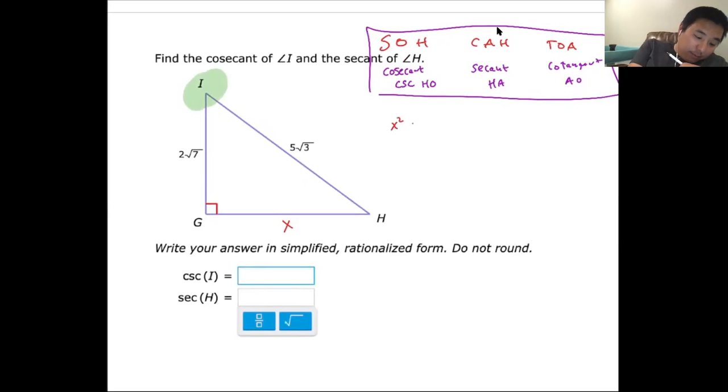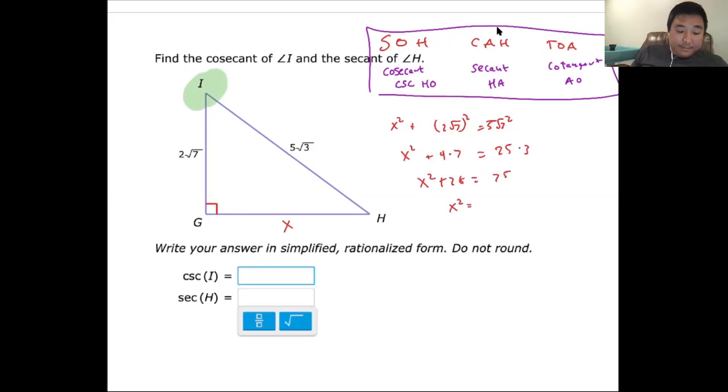So x squared plus 2 root 7 squared equals 5 root 3 squared. So x squared, you have to square the 2, it's 4 times 7, equals 5 squared is 25 times the square root of 3 squared, which equals 3. So it's x squared plus 28 equals 75. X squared equals 47. So x equals the square root of 47.